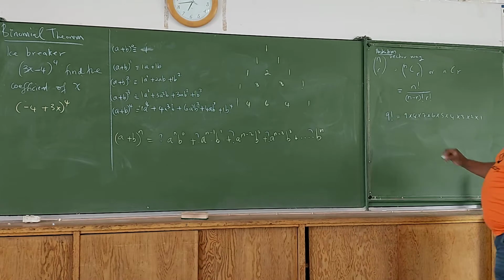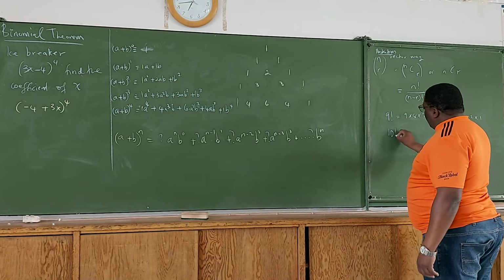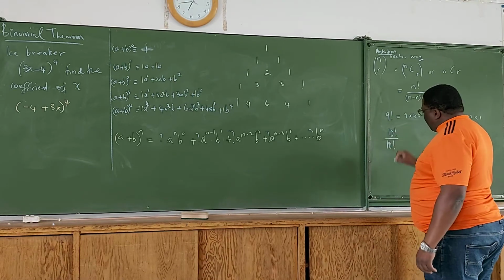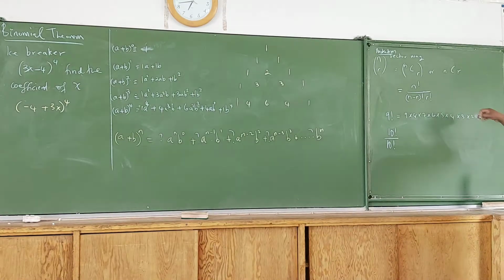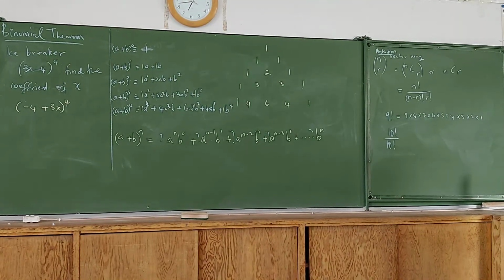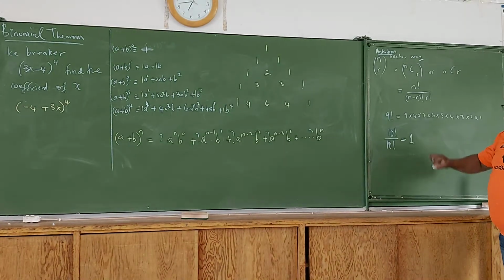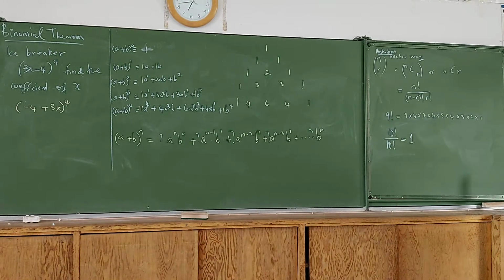Then you get something like 10 factorial divided by 10 factorial. It's the same number. 10 factorial will be 10 times 9 downwards, divided by the same thing. So what is this answer going to be equal to? It's going to equal 1. Don't you agree?